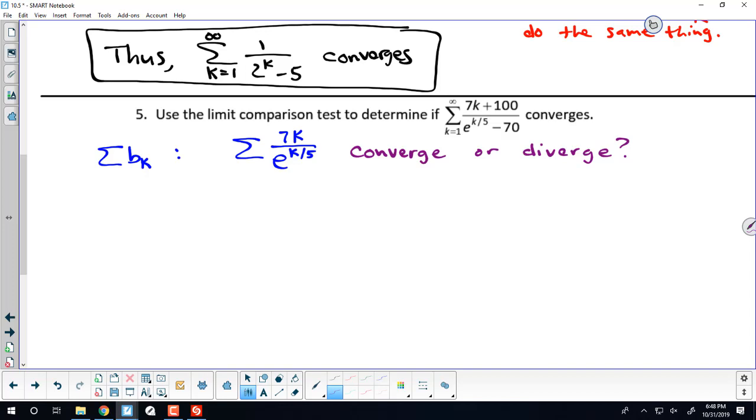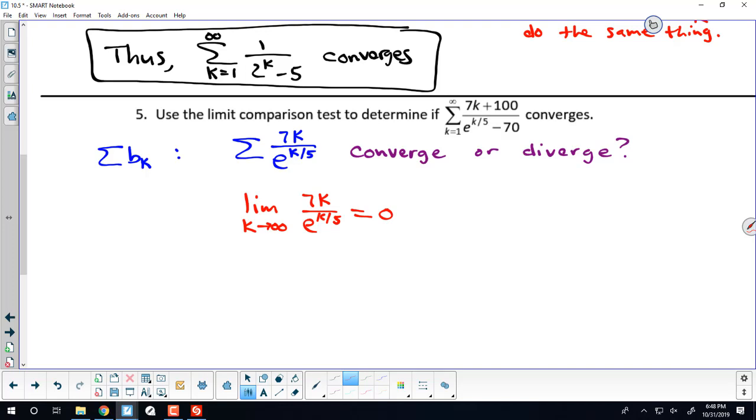Yeah, so what do growth rates tell us when we apply it directly to the 7k over e to the k over 5? It just says that the kth term approaches 0. So when you look at growth rates in that sense, and you look at the limit as k approaches infinity, all you're looking at here is the divergence test. Equals 0 by growth rates, but again, that's the divergence test, which is inconclusive.